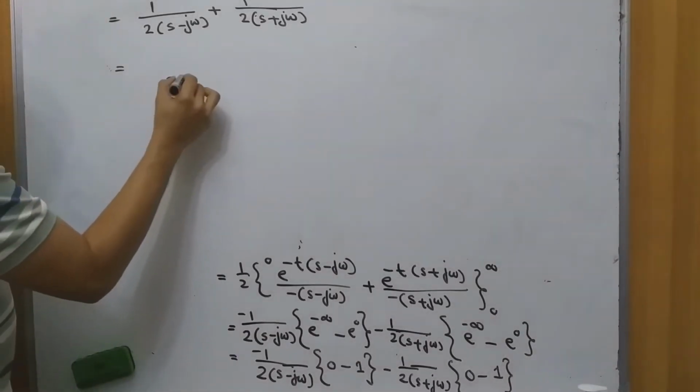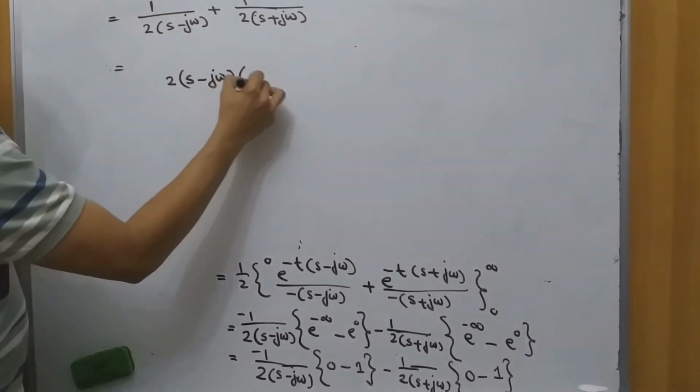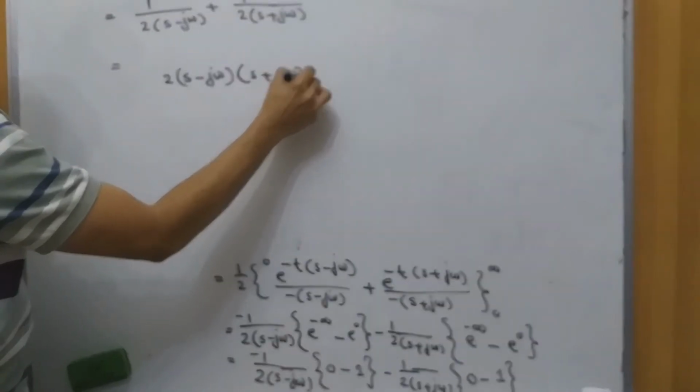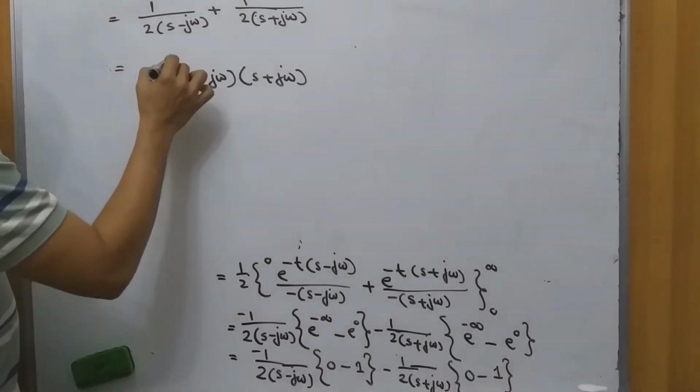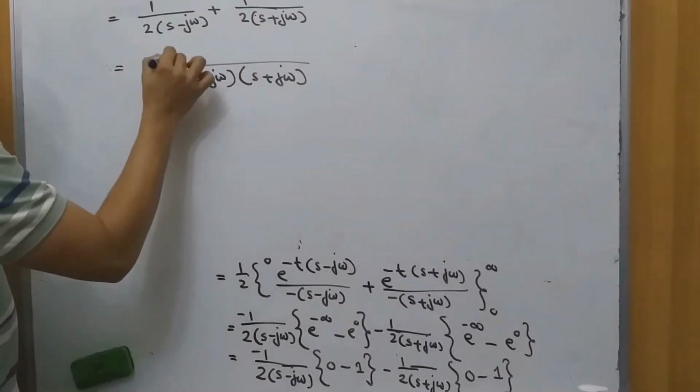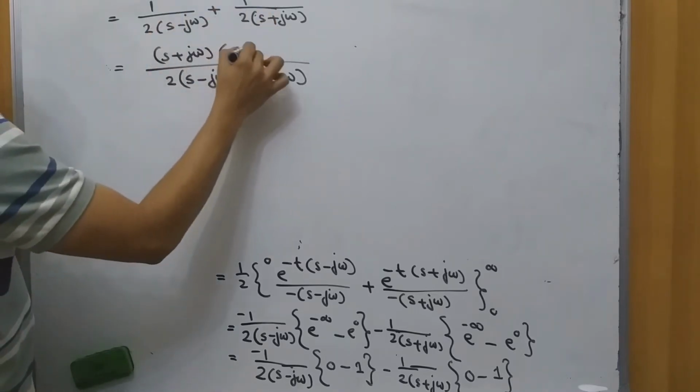Taking the LCM, 2 into (s minus j omega) into (s plus j omega), this term will have s plus j omega, and the other will have s minus j omega.